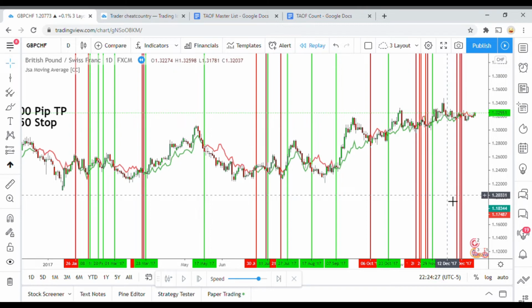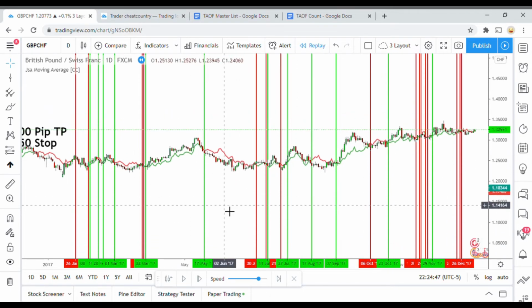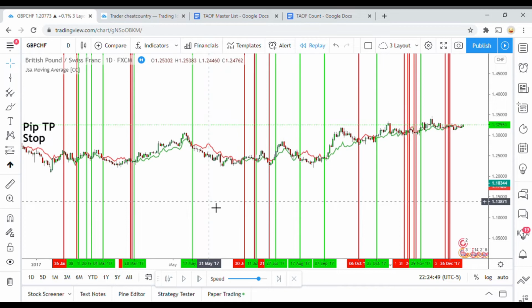So we have 28 signals all together, and 12 winning signals. So unfortunately, that's not going to meet the 60% criteria.